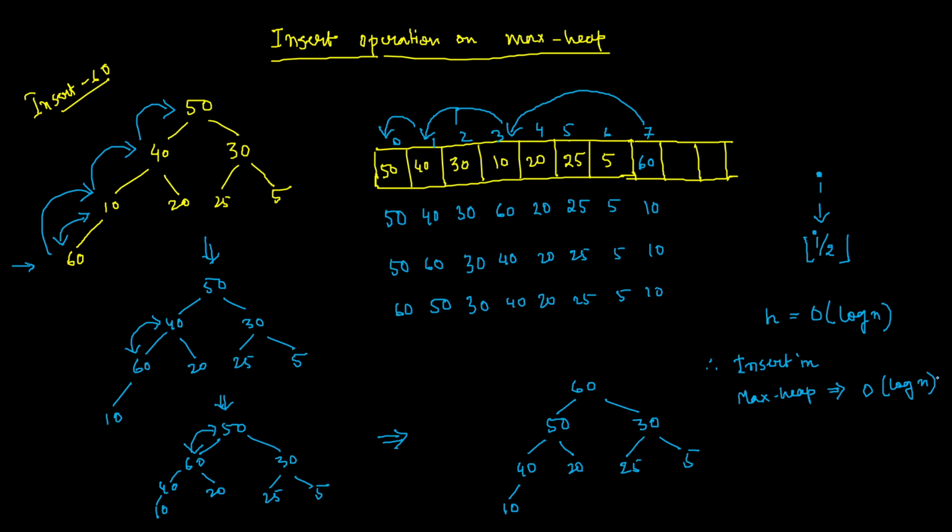But what is the best case scenario possible? The best case scenario is if the data that I have just inserted is, for example, 5, or since 5 is already there, I am taking a lesser value, say 3. If I insert it over here, I will see that 3 and 10 are already fulfilling the criteria to be a max heap.